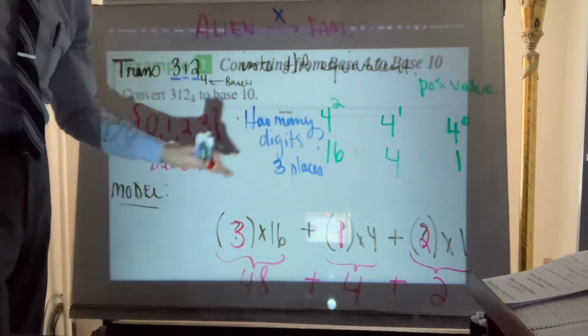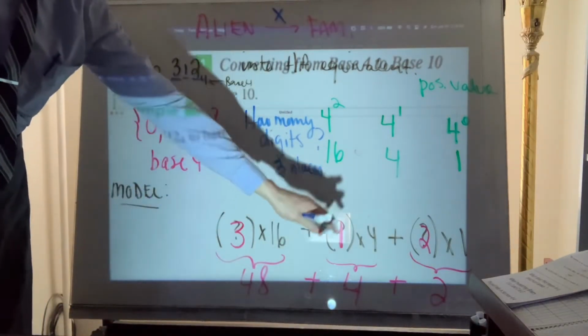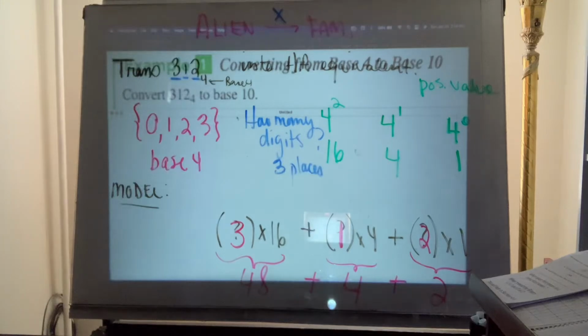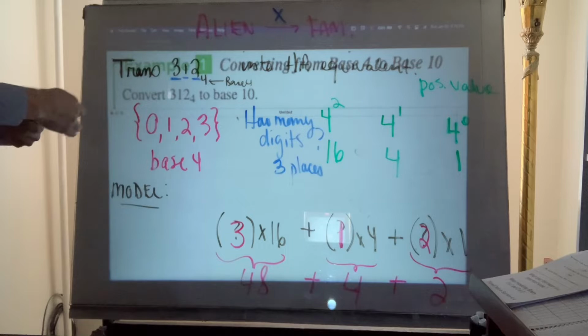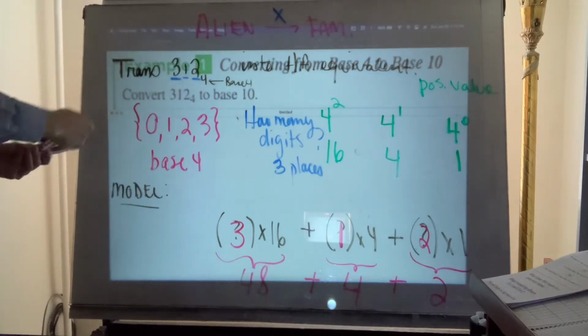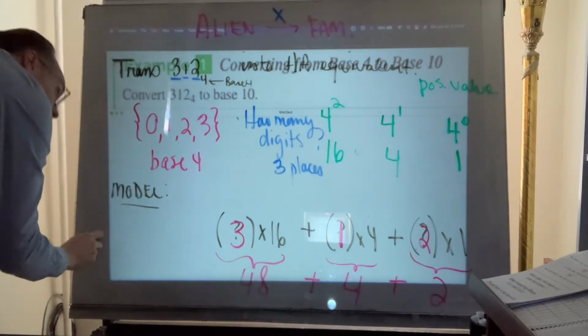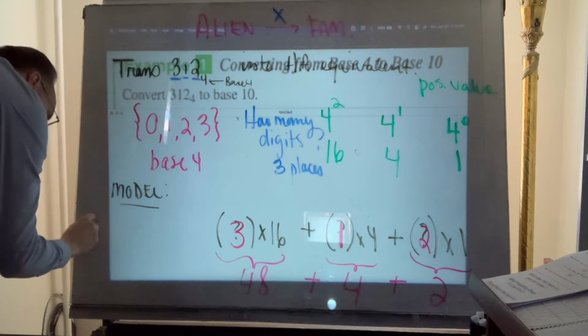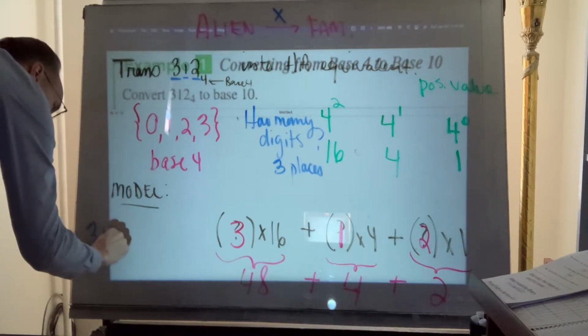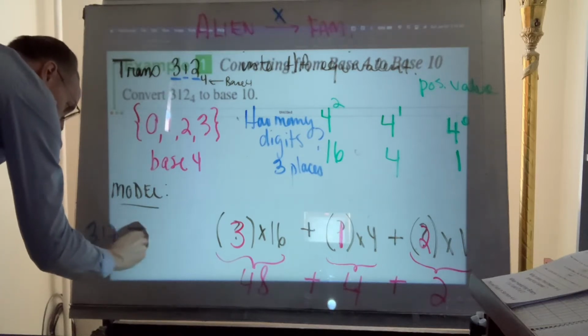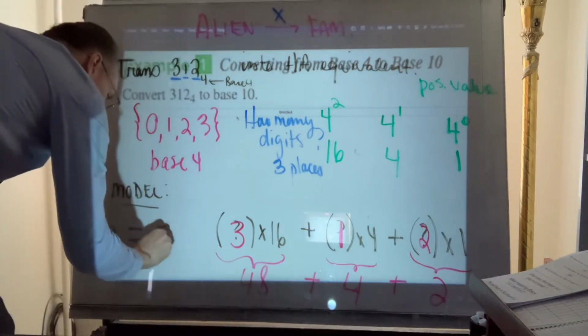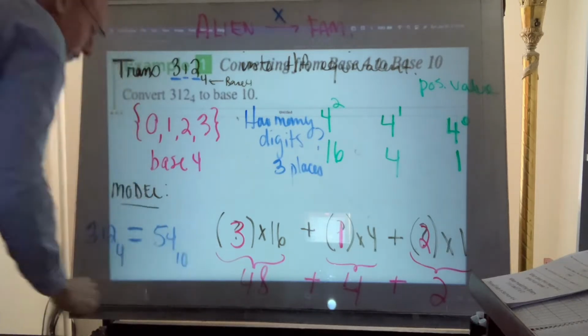So if you add 48 to 4 plus 2, you get 54. That means that 312 base 4 is equal to 54 in base 10.